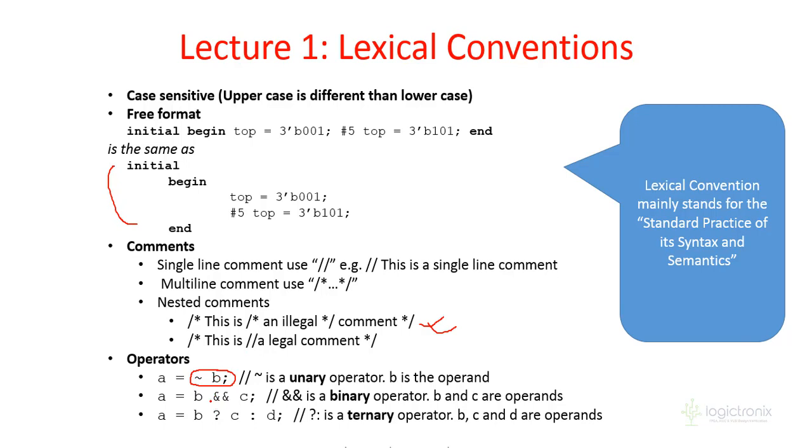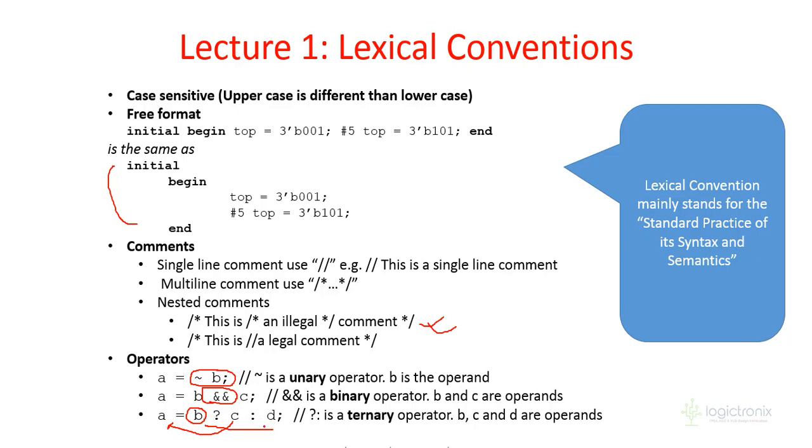Another is double AND, which is logical AND, and this is a binary operator. Another is the ternary operator, which is also utilized for designing multiplexers or demultiplexers. What happens in this third line, the ternary operation line, is that A will get the result of this assignment: if the value of B is true, then A will get C.